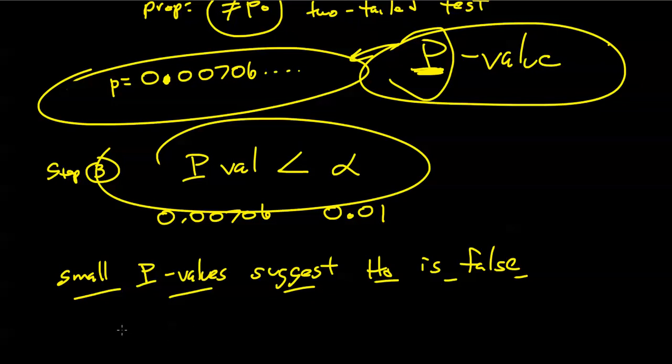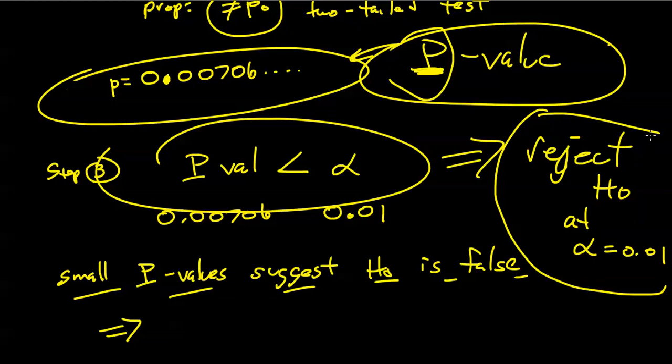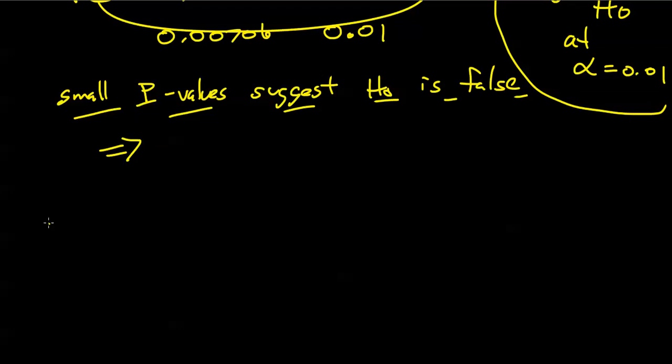So my conclusion here is to reject H0 at alpha equals 0.01. So this is my conclusion. Reject H0. If I add an interpretive statement, I may say something like this.